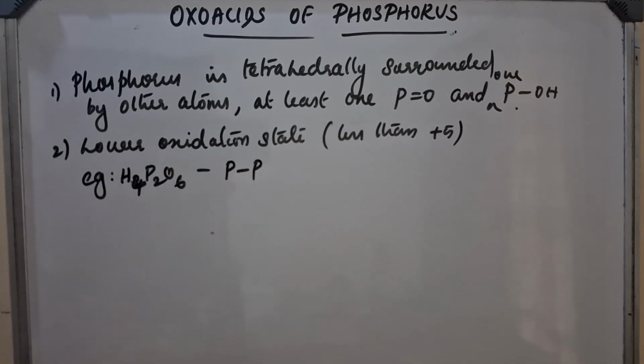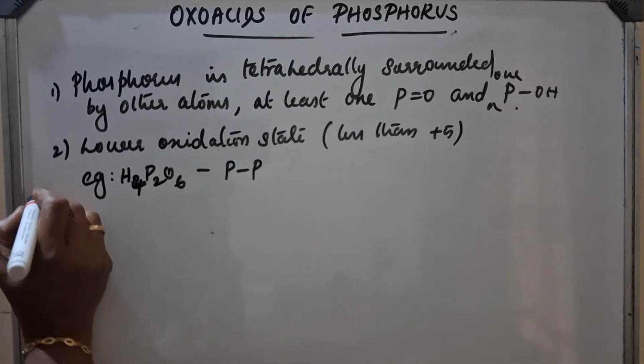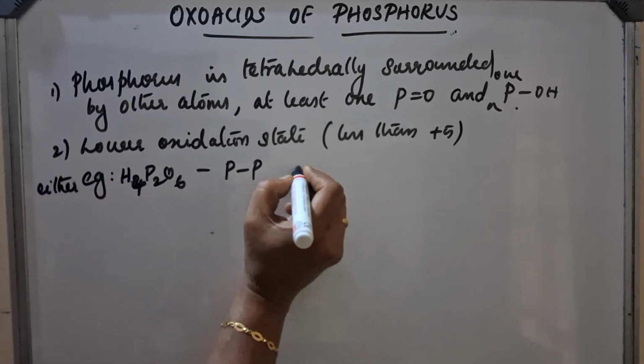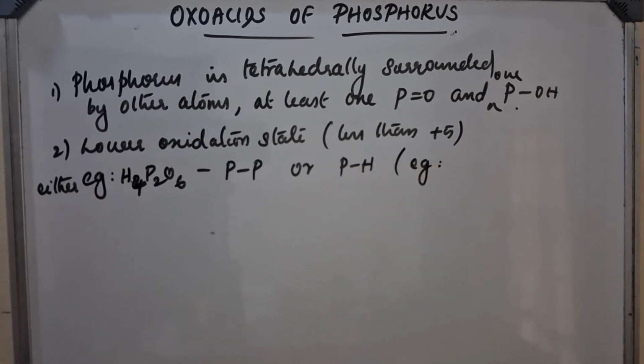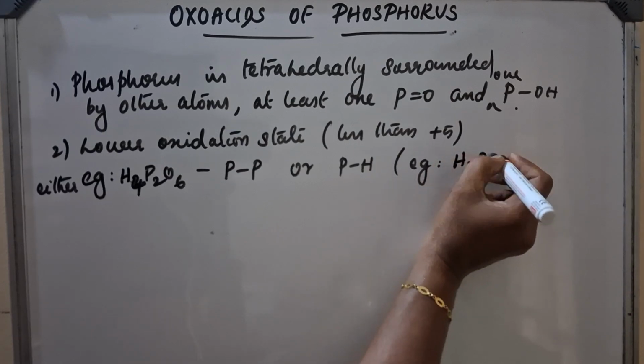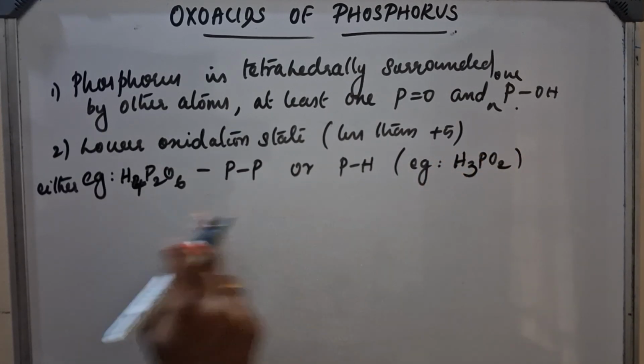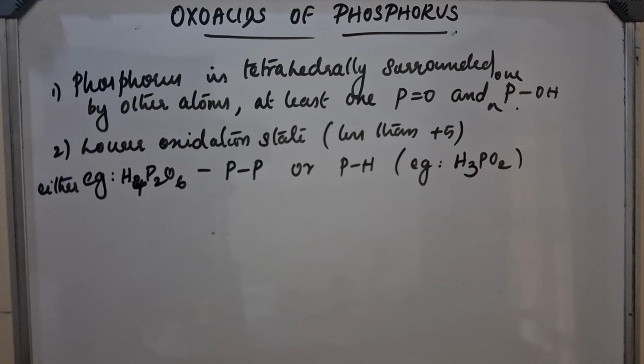So compounds having oxidation state less than +5 have either P-P or P-H bonds. For a P-H bond, take H3PO2 as an example. Here we can see the P-H bond.